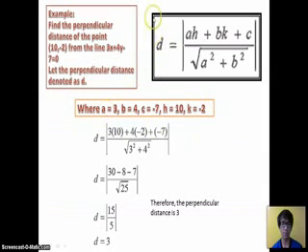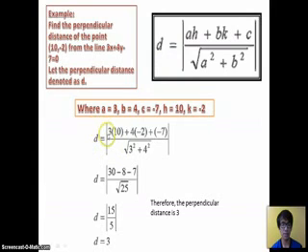From the formula, A equals 3, B equals 4 from the equation, C equals -7, h equals 10, and k equals -2. When we have the data, we just use the formula and we can get the answer.